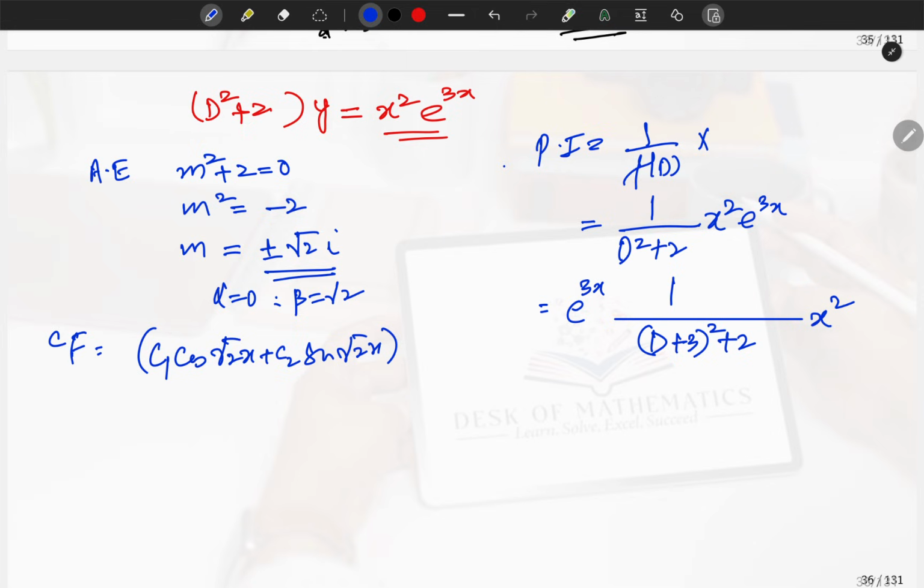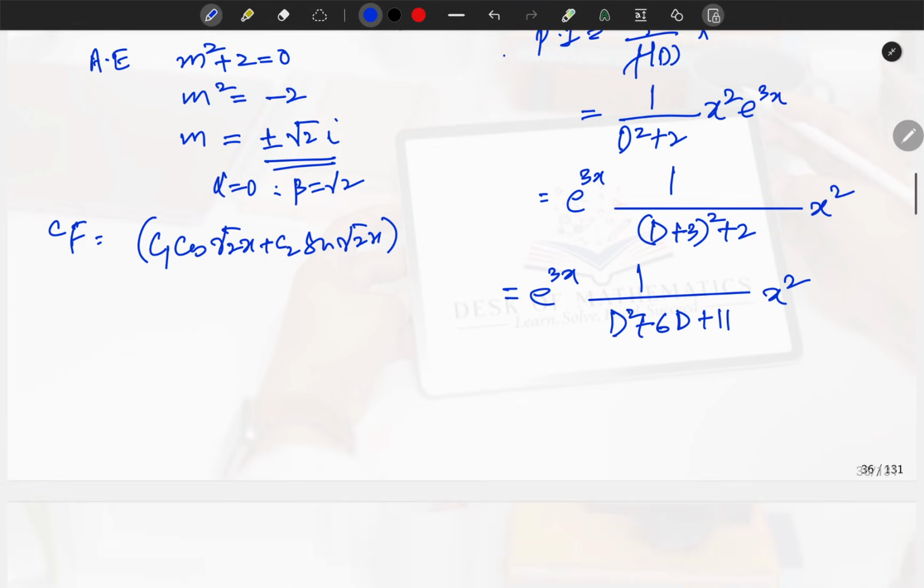It will become e raised power 3x times (D plus 3) whole square plus 2, so it will be D square plus 6D plus 11 x square. Now take the least term out, that's our 11.